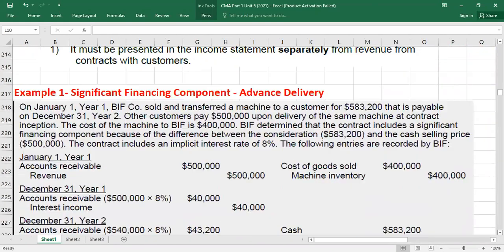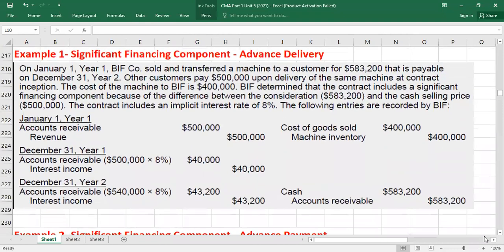If you look here, this example is for advance delivery. Like you are going to deliver goods today, but you are going to collect cash in future. But the difference between these two points is more than 1 year. Understood? I would request you to please go through this example from here till here.